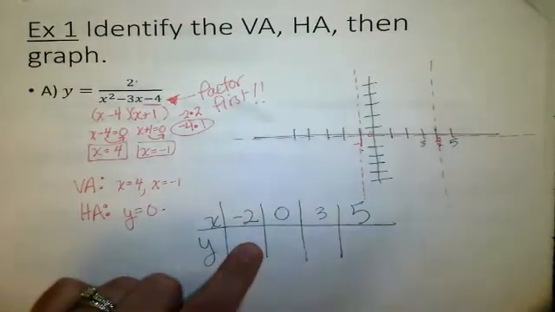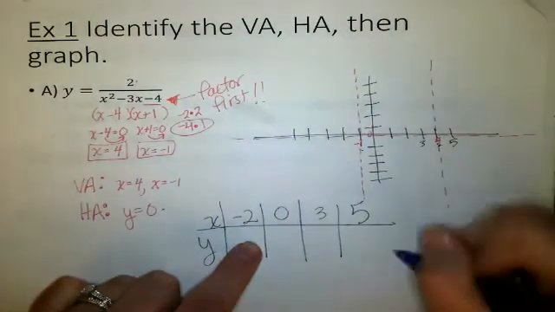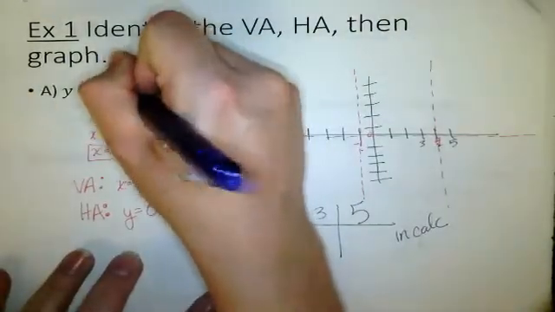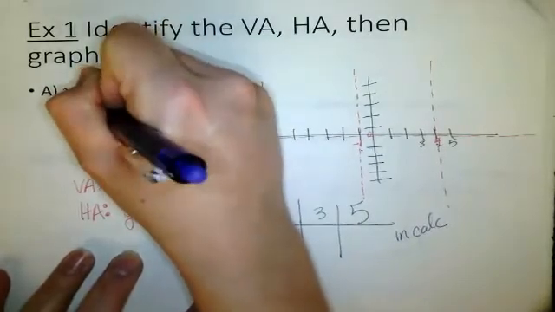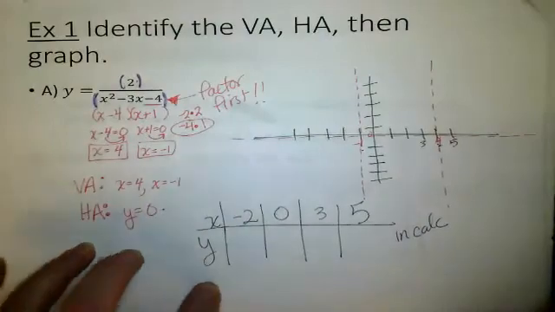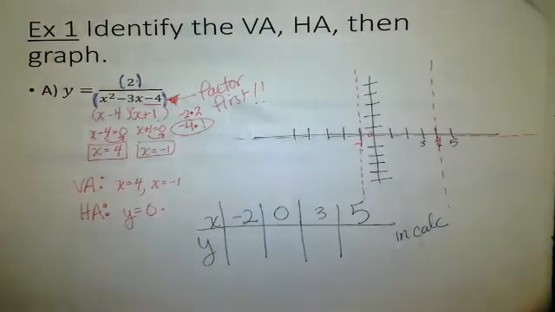So these are our x values that we want to find the outputs for, and we're going to do that with our calculators. Parentheses are paramount. We need parentheses around the numerator and parentheses around the denominator.